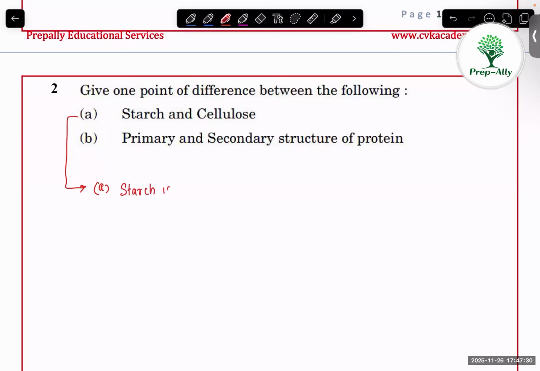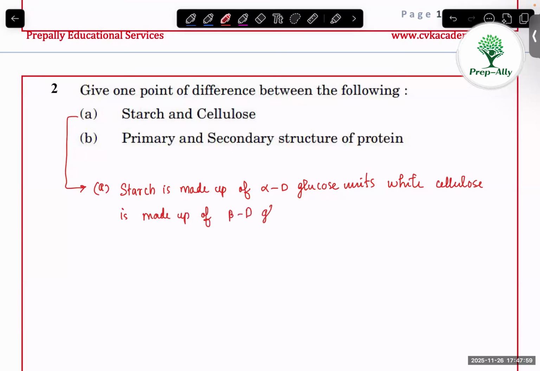Starch is made up of alpha D glucose units, while cellulose is made up of beta D glucose units. So this is the key point.